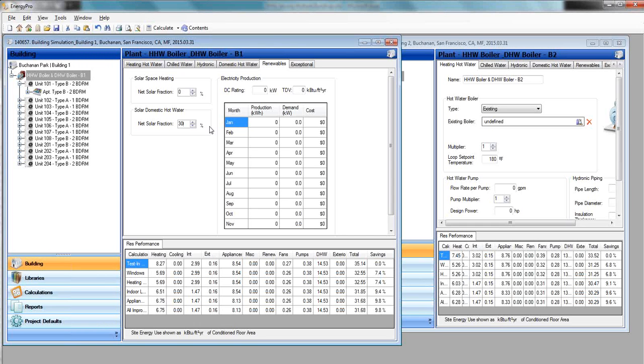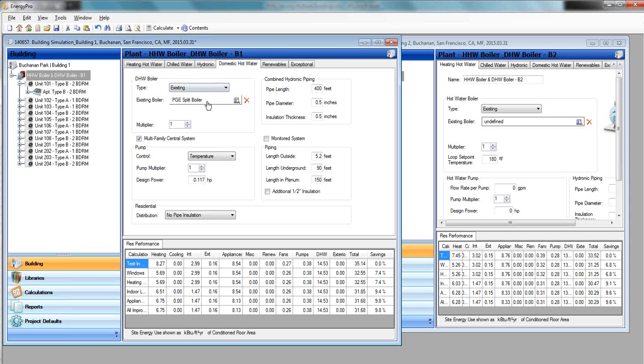Still some more questions. So thank you all for being so active with your questions. When you have boilers with separate storage tanks, what input values go to the boilers and what goes to the tank? If you look in the domestic hot water tab, you can model the system.